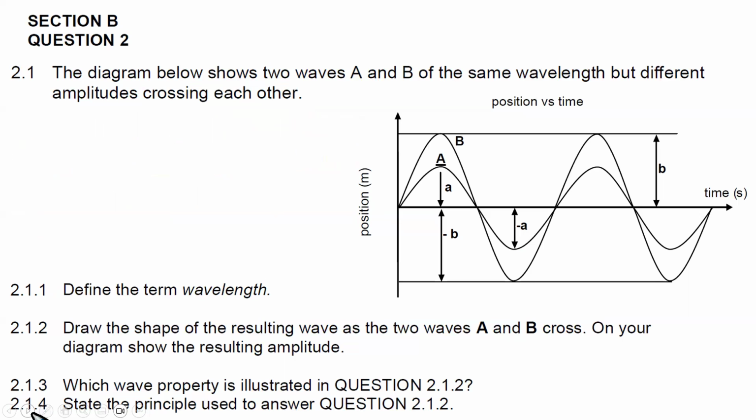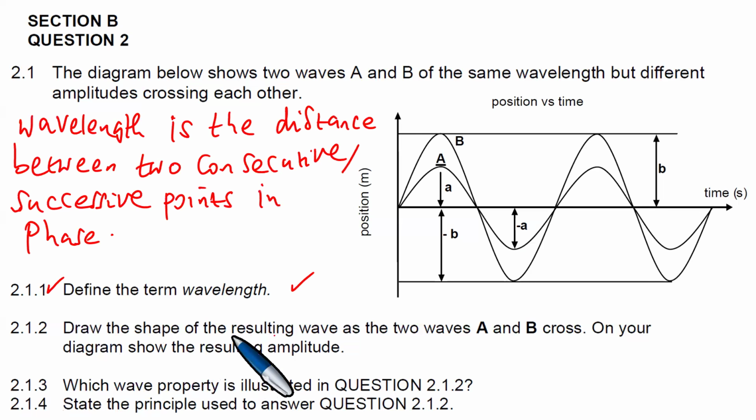In the next question, they're saying, draw the shape of the resulting wave as the two waves A and B cross.